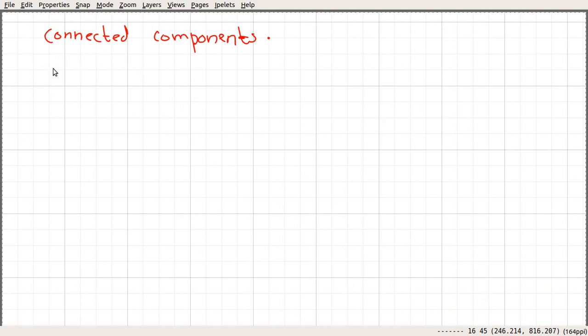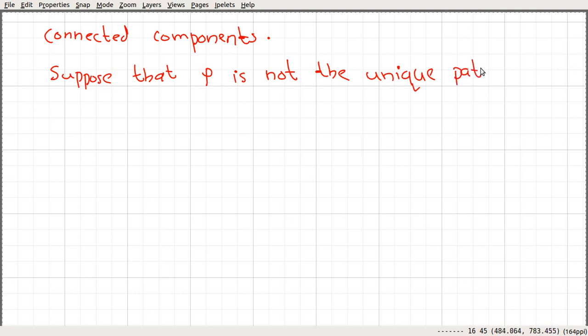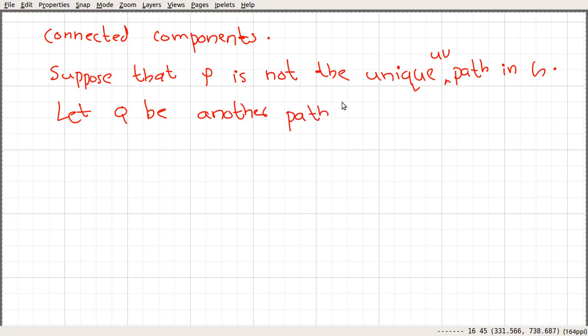For the sake of getting a contradiction, suppose that there is one more path, so P is not the unique UV path in our graph G. Let's consider a different path. Let Q be another path in our graph G.